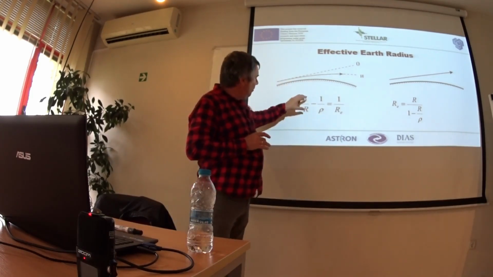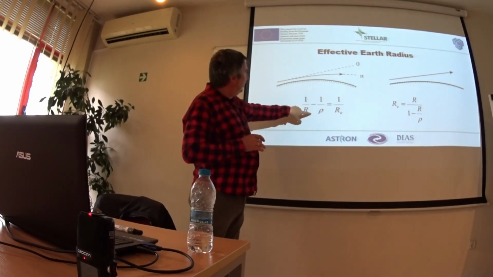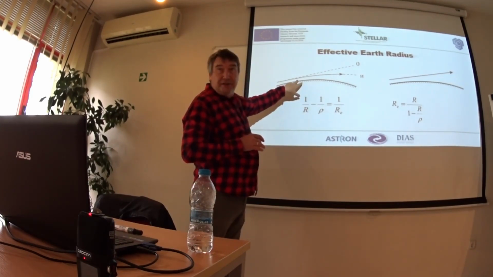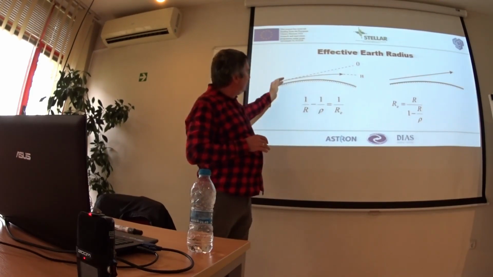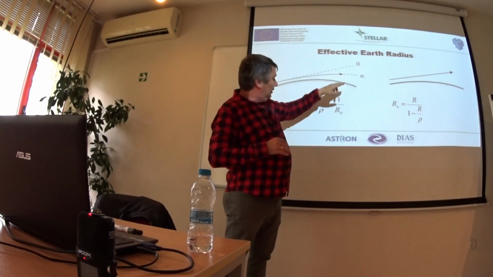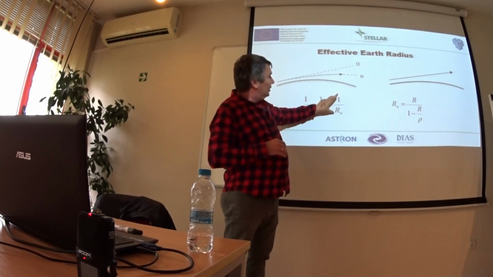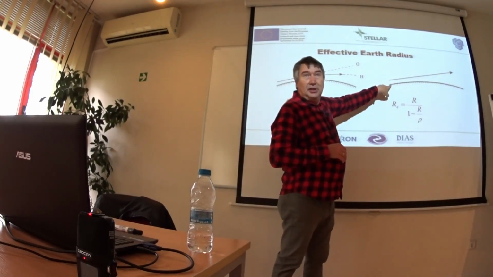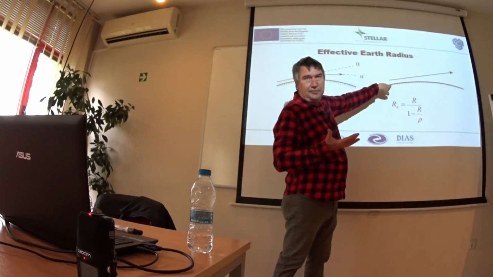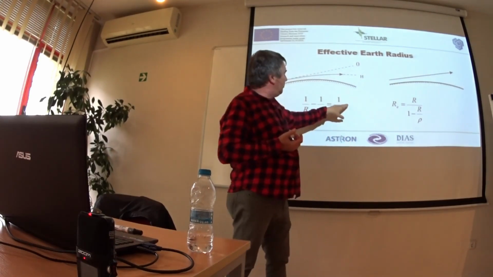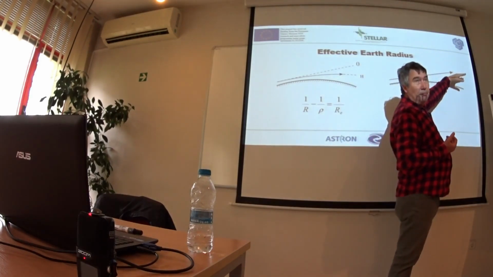So for now, this is the curvature of the Earth surface, 1 over radius. This is the curvature of the real trajectory, and this would be equal to the difference between the curvature of the equivalent or effective Earth minus the curvature of the effective path.